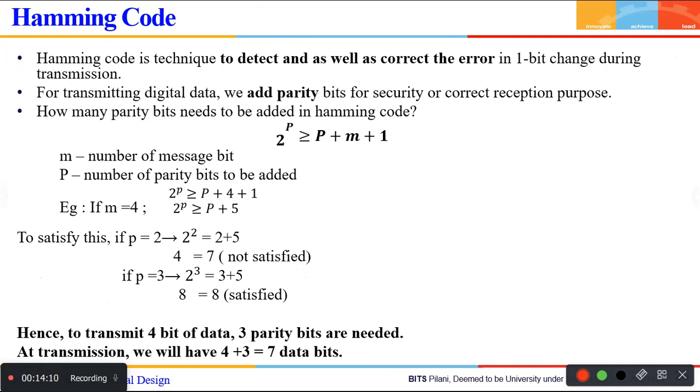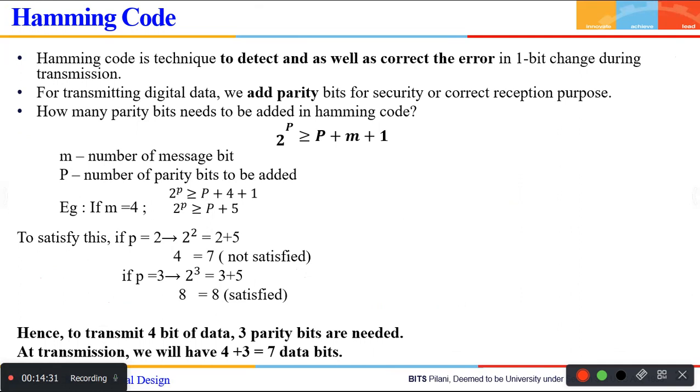If you are transmitting 4 bits, along with that you add 3 parity bits, if there is any change in a single bit, it will detect and also correct it. That's what is called Hamming code.